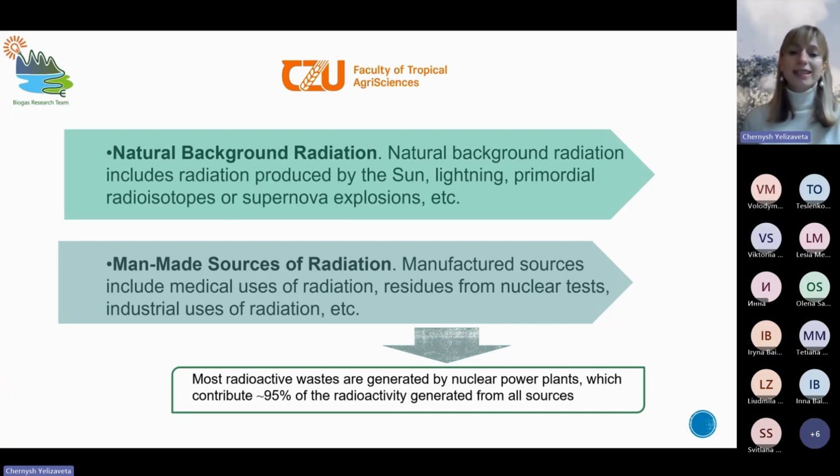But what is mostly interesting for us to discuss is how man-made sources of radiation impact our life, and the different opportunities of using radiation in medicine, for example, and in industry, and of course nuclear power plants. Most radioactive waste is generated by nuclear power plants, and of course there are dangers of accidents that can happen in nuclear power plants.